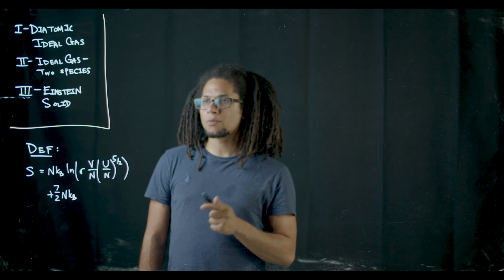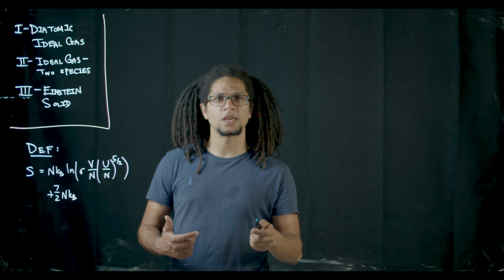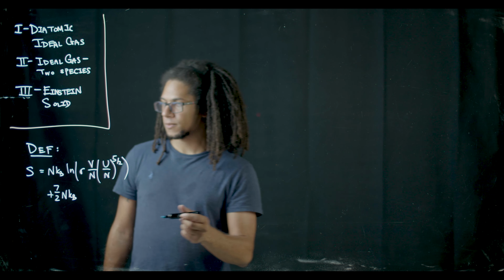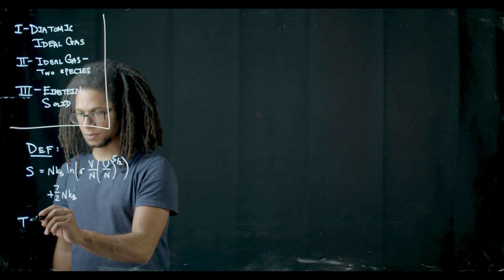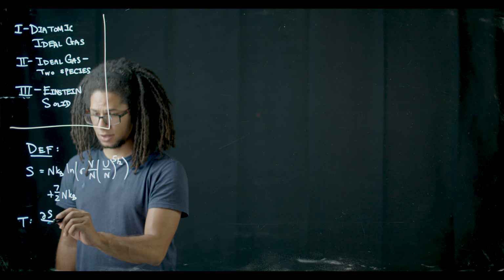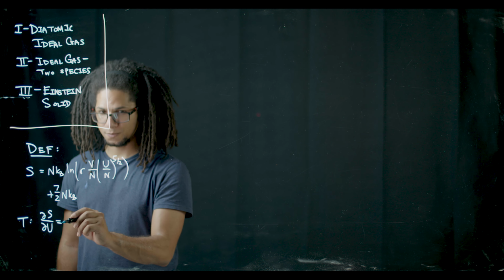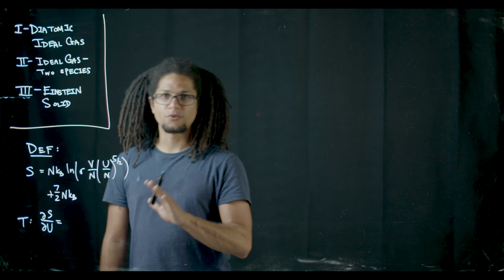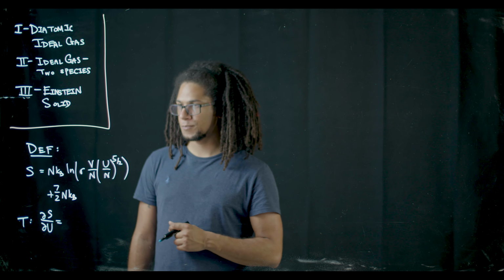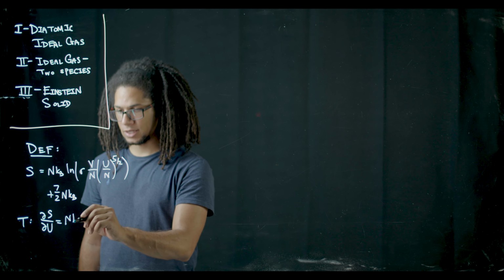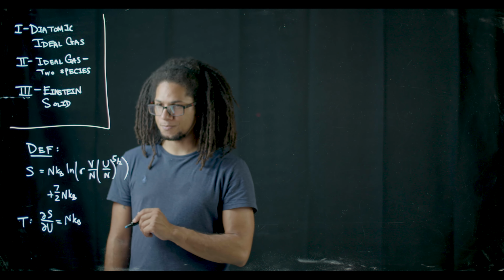Now, let's do one brief calculation with this, just so that we can get some sense of what's going on. All right, so we'll find the temperature again. And to do that, we'll find the partial of S with respect to U. Now, just as before, the second term has no contribution because it doesn't depend on U at all. The first term has this factor NKB, which just comes out.